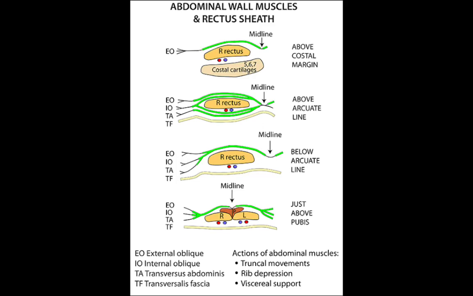Thirdly, from the lower end of the previous extent to the pubic symphysis, the wall is thickest and it is formed by the fusion of aponeurosis of all the three flat muscles of the abdomen.